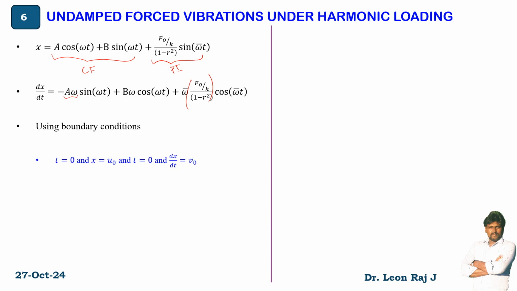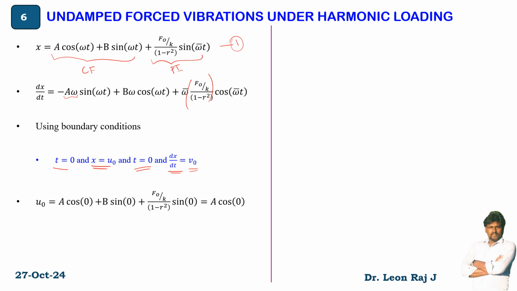So using the boundary conditions, at t equal to 0, x, that is the response, equal to the initial displacement u0, and at t equal to 0, the derivative of x is nothing but velocity v0. So just substitute t equal to 0 in the response x. So your x equal to u0. This is your equation 1.